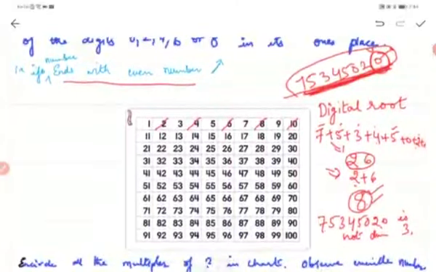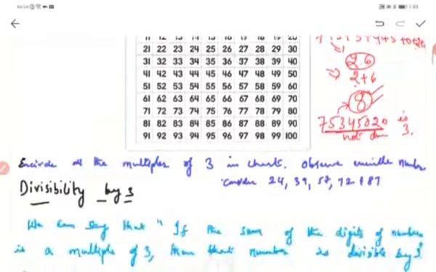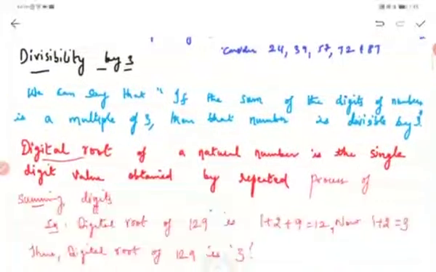I may ask you in a test, what is the digital root of this number? It is 8. It is not 26. The digital root is a single digit number. All right, I hope 2 and 3 are very clear to you all, isn't it?